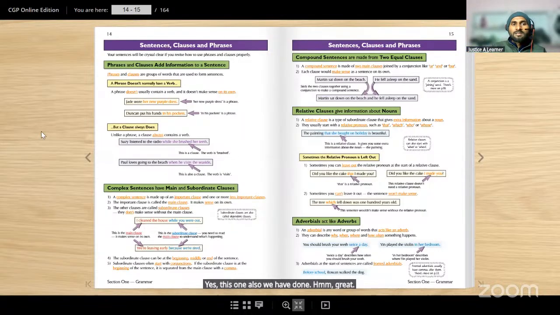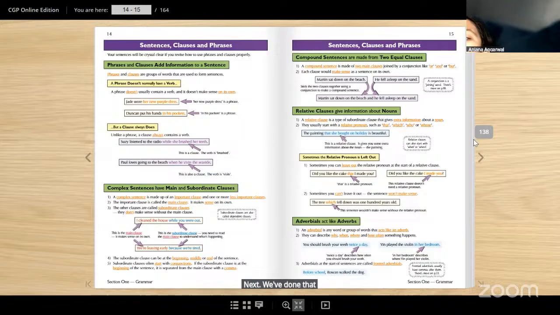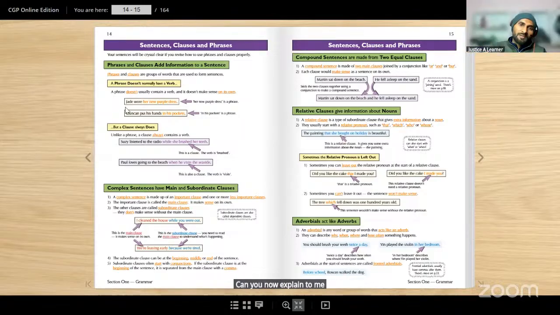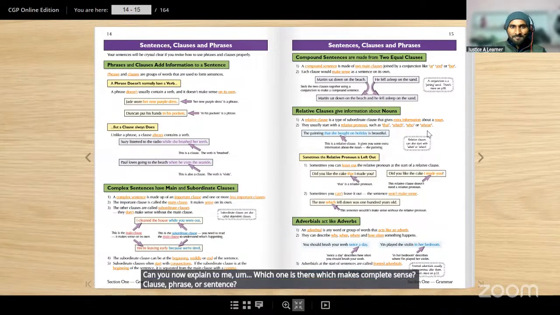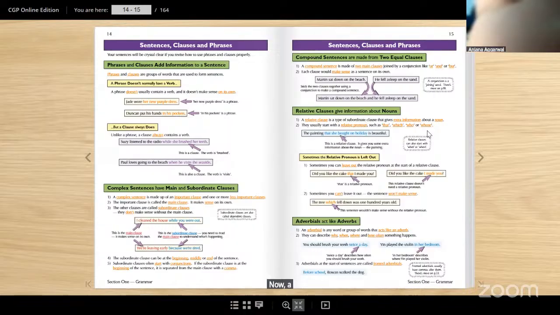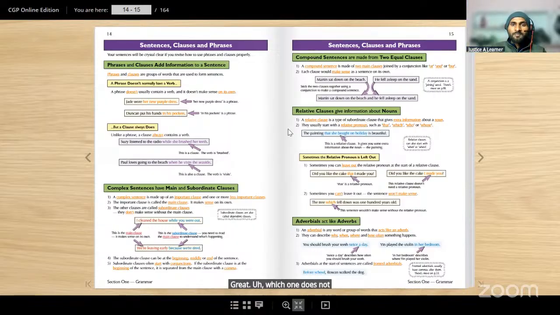Great. Next, you were confused about clauses and phrases. I told you we've done that. Can you now explain to me which one makes complete sense: clause, phrase, or sentence? A sentence makes full sense. Great. Which one does not contain a subject and verb?